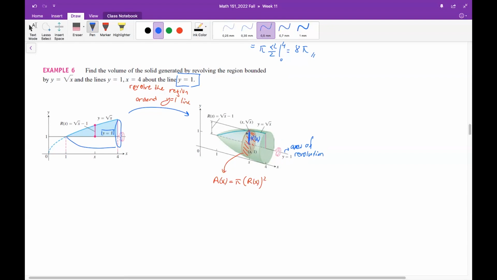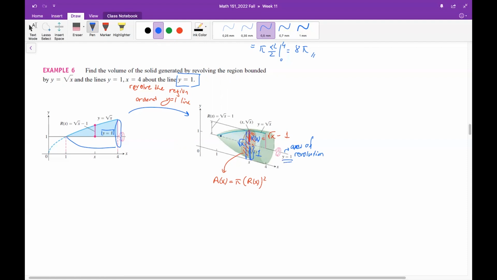The length from here to here is determined by this curve, so it is square root of x. And the length from here to here is 1. So r of x is what remains: if you take the difference of this length with this length, you will find your radius. So the radius is given by this difference, right? Okay. So this is a fixed difference with 1, because this is the y equals 1 line.